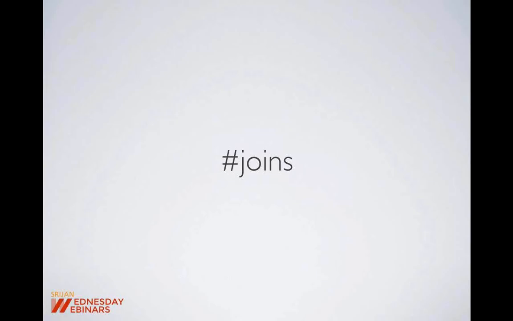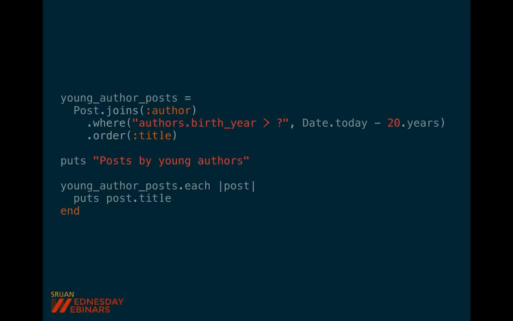There's also joins, which doesn't actually preload the records. Instead, it's good if you're joining on a table but you don't need any data from that table. For example, here we want to get posts from authors that are younger than 20.